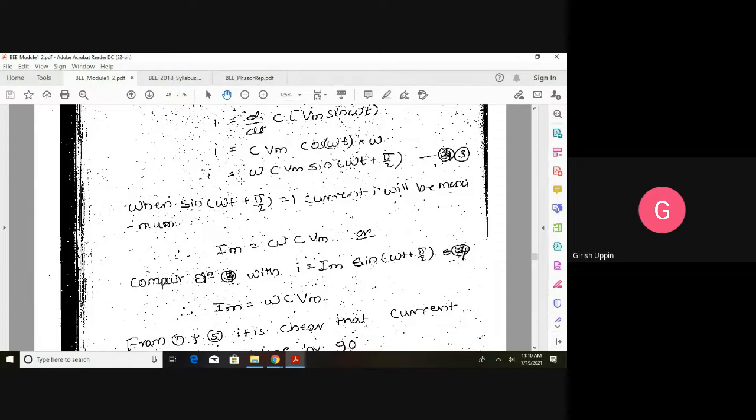And what is the voltage equation? The voltage equation is v = Vm sin ωt. So voltage will start at 0. And if you see here, ωt + π/2, so the current will start 90 degrees before the voltage starts. What is the meaning of that? In the case of a pure capacitance, current leads the voltage by an angle of 90 degrees.